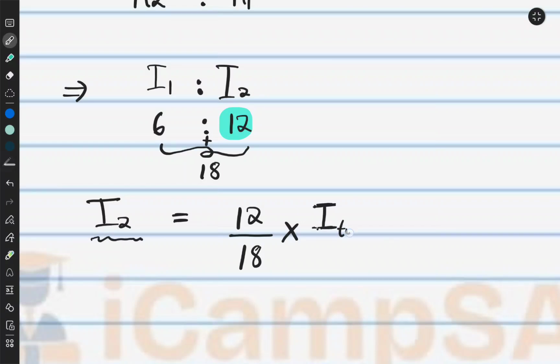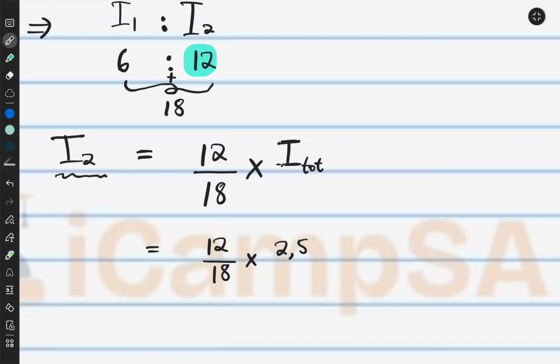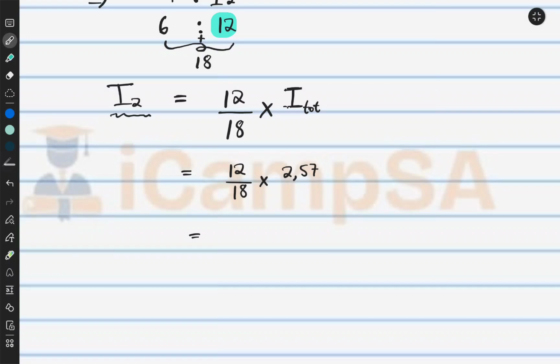In our case, that is 12 over 18 times 2.57.